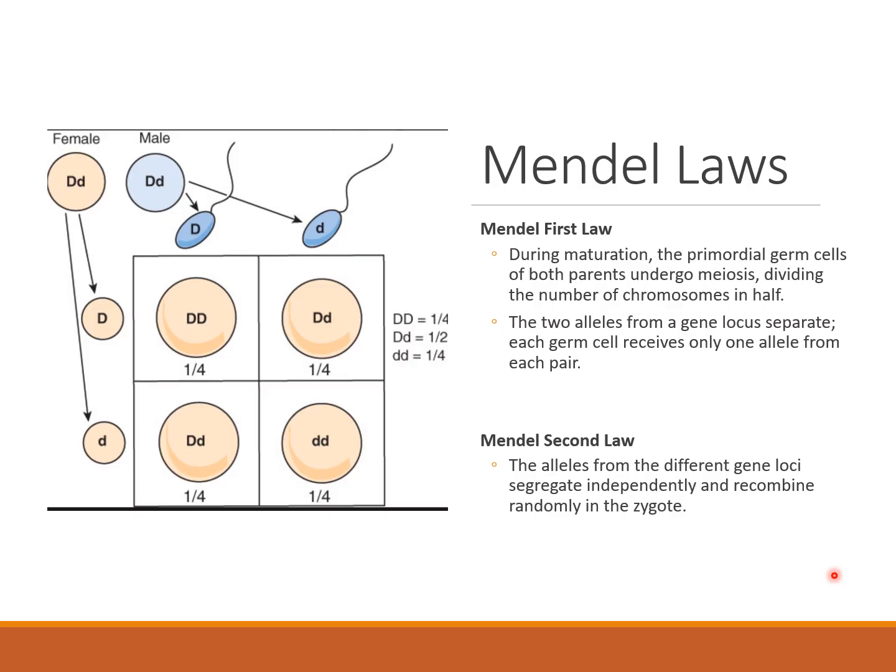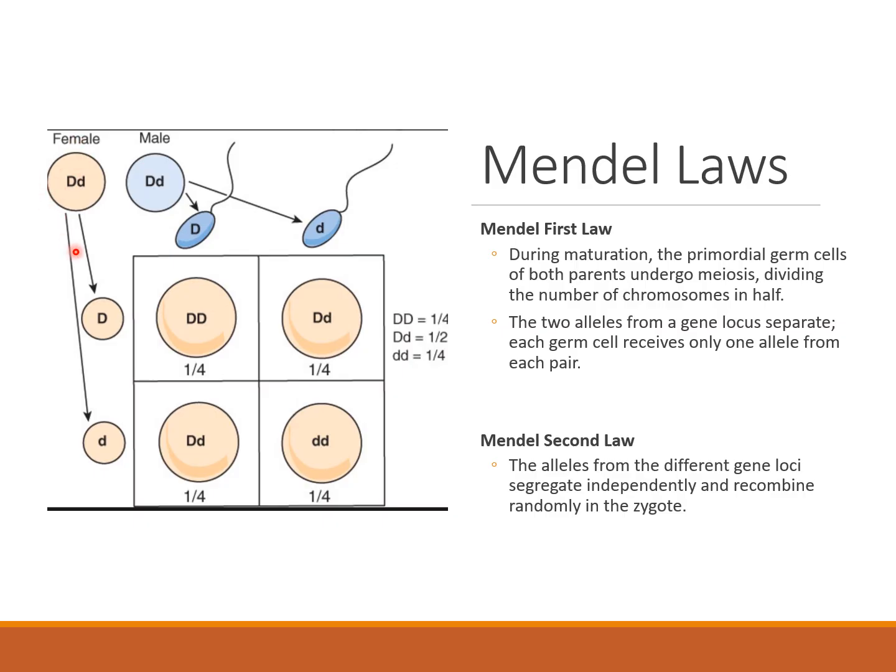Then the two alleles, two sites on those chromosomes from a gene locus, have separated into each germ cell, and each one receives one allele from each parent. So that's the first thing that's important to know to track Mendel's laws. You can see that here: we have the female and the male, and both are big D, little d.